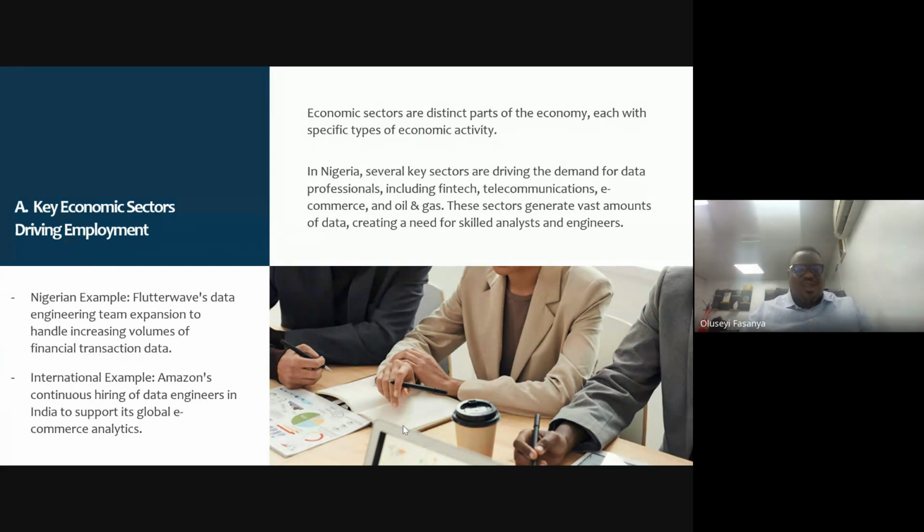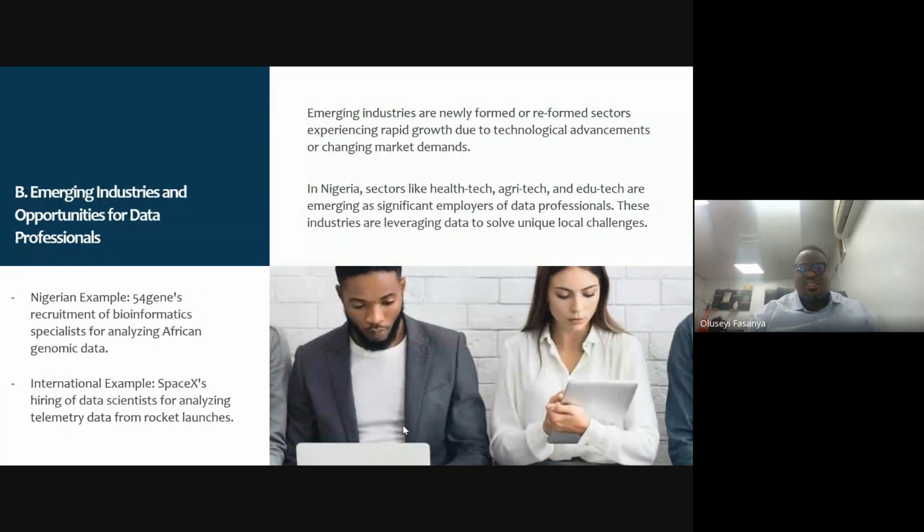In Nigeria, for example, Flutterwave's data engineering team expansion is being done to handle the increasing volume of financial transaction data. Amazon's continuous hiring of data engineers in India to support its global e-commerce analytics tells the tale that organizations are finding it very important to have your field of expertise integrated within their systems.